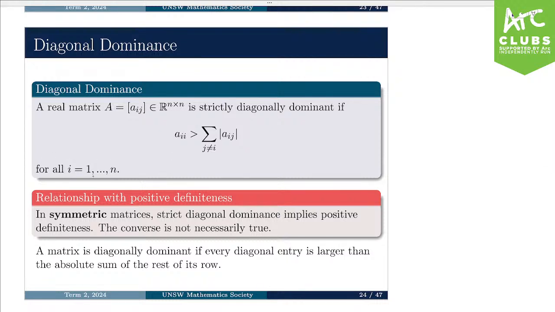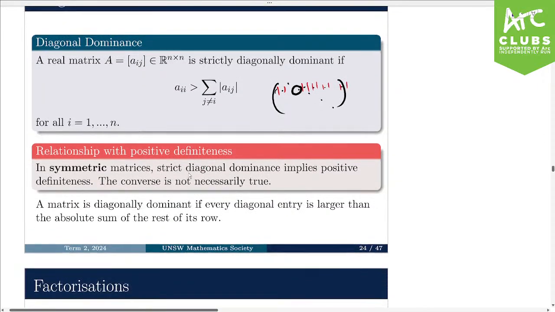What this basically means is that every diagonal entry is larger than the absolute sum of the rest of its row added together.